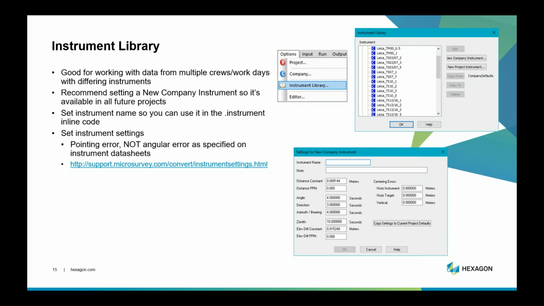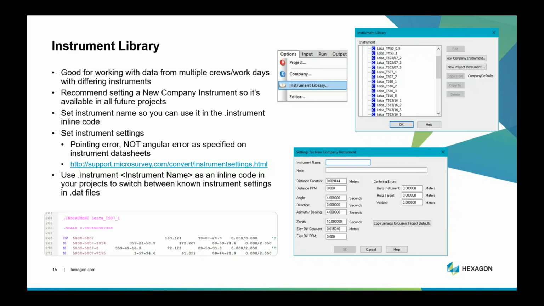So I've posted a link there, and this video will be sent out to everybody afterwards. But if you visit that site there, you can actually enter in those angular errors from a data sheet for your instrument, as well as typically the way that you would measure points, and this will convert it into these pointing errors to input into StarNet here.